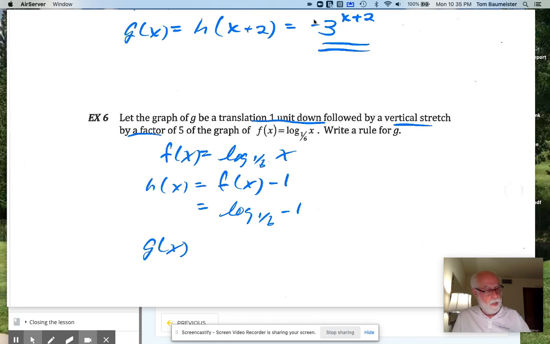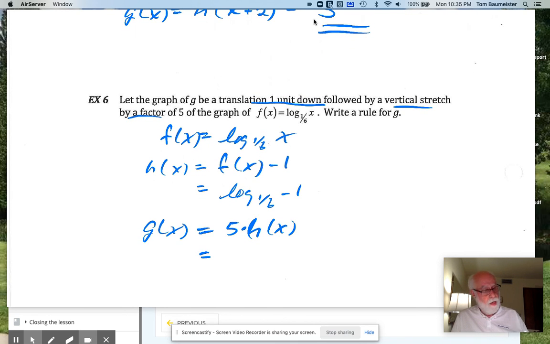So a vertical stretch is on the outside. So that means we're taking our h of x and we're going to multiply it by 5. So we're going to have 5 times h of x. All right. Well, we just said our h of x was log base 1/6 of x. I forgot the x there.